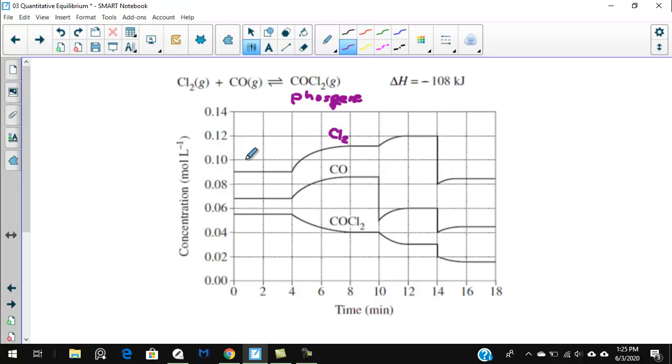Right? So the experimenter put a little bit of each one of these things into the flask. You can see that each one of these is not starting at 0. So we have all of those things inside the flask.